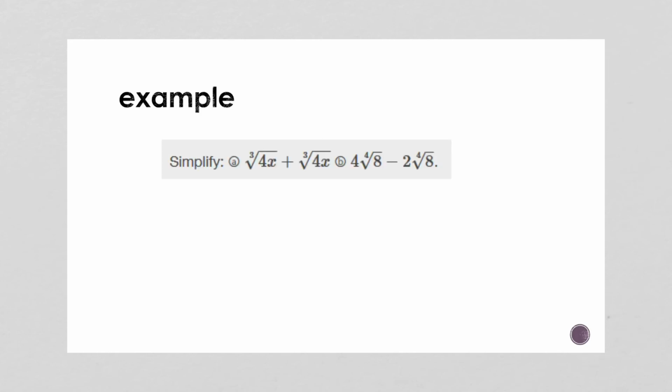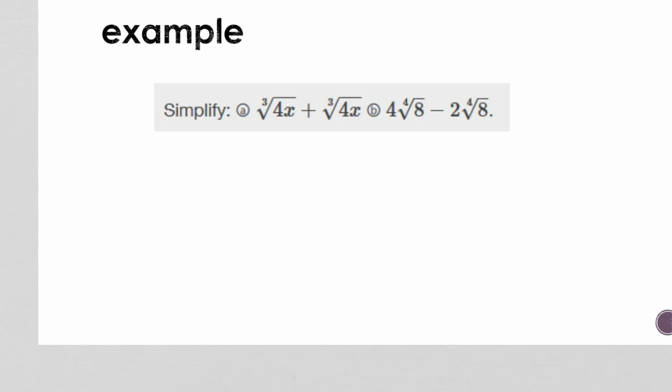All right, so on part A here, check out the number. The very first thing you should look at is the index. Do they match? Yes, they do. Okay, then you have to look under the radical. Do those match? Yes, they do. Okay, so we're allowed to add these together. Now, you do not add what's under the radical. That is like a variable. It stays just like that, okay?